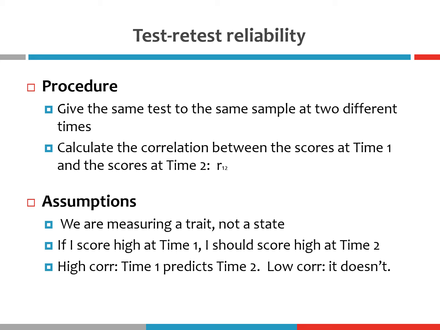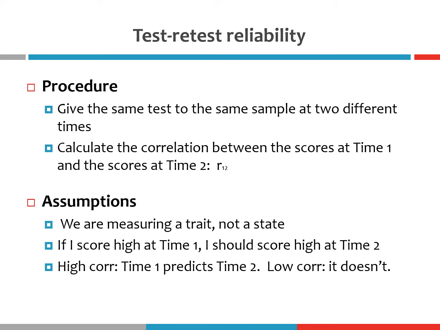So if you score high at time 1, you should score high at time 2, right? And so we assume then that there should be a high positive correlation, so that your score at time 1 predicts or is associated with your score at time 2, okay? Whereas if you obtain a low correlation or your R value is very small, then it doesn't.